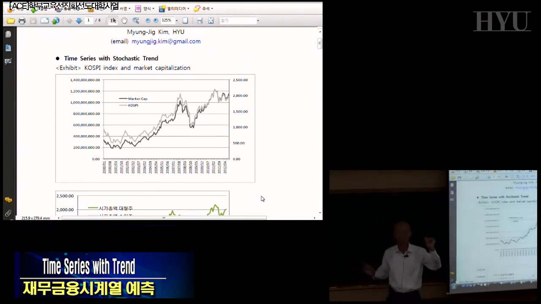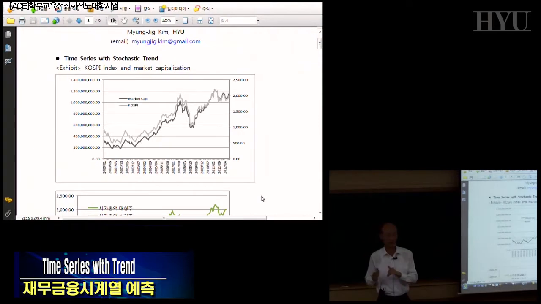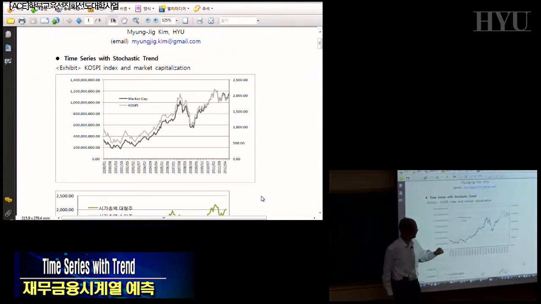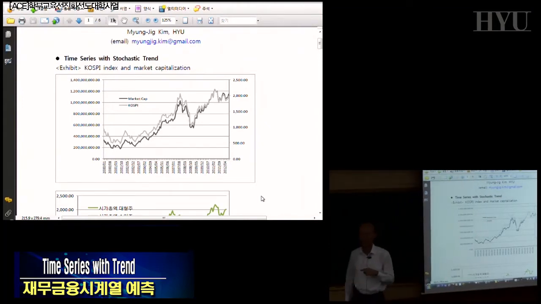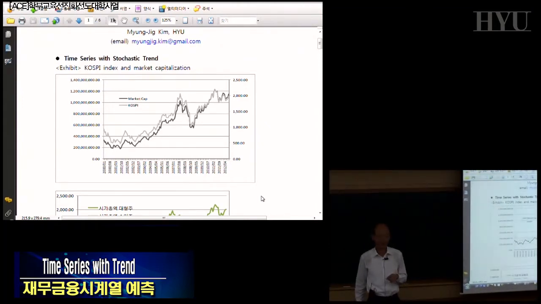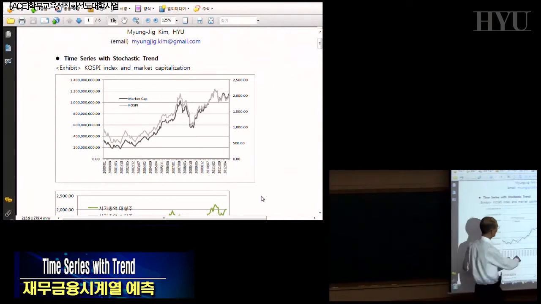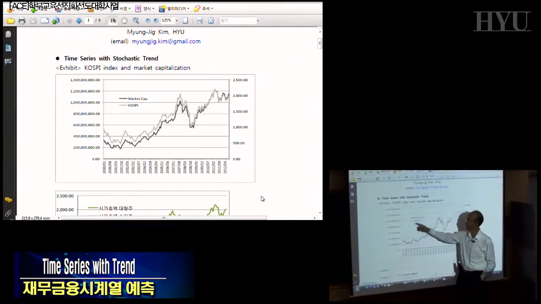But what we learned is that mostly we interpret that trend as something stochastic, as opposed to a deterministic time trend. So typical series like market capitalization, which is defined as share price multiplied by number of shares outstanding. That's market capitalization. So this is the size of the Korean capital markets, let's say.